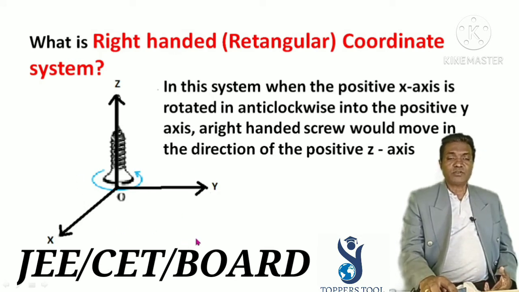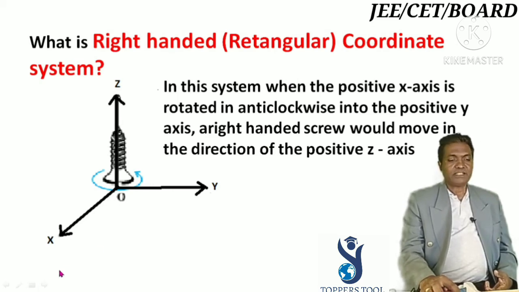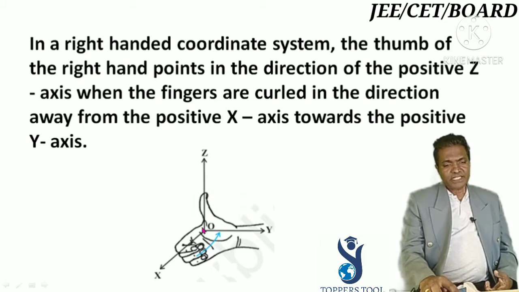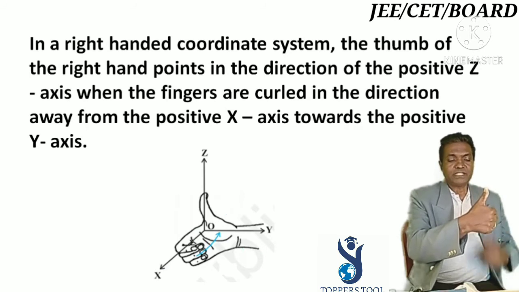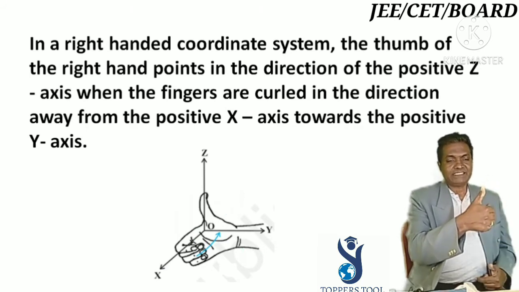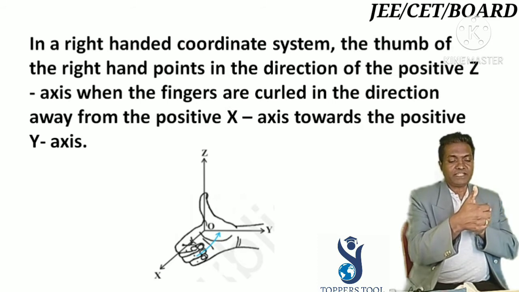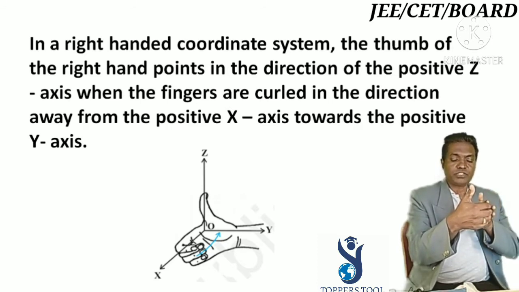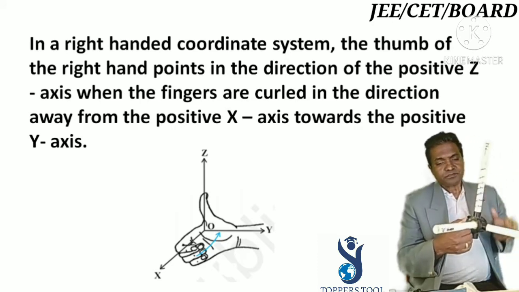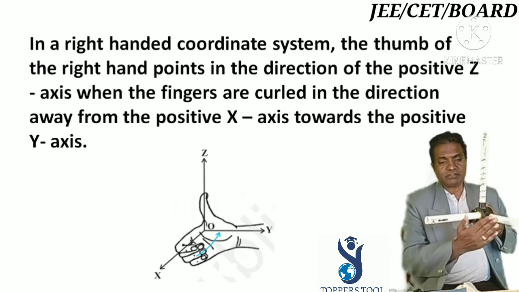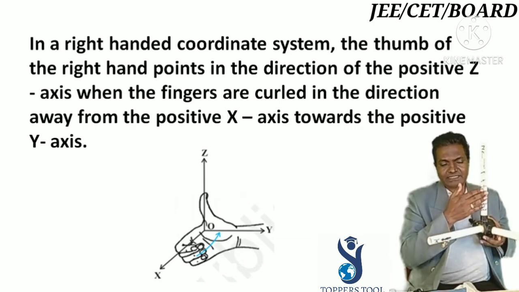Such a system is called the right-handed coordinate system, which is called the rectangular coordinate system. Why is it called a right-handed screw system? Let's understand. If you hold your right hand like this, with the thumb representing the positive z-axis, the curled fingers are directed away from the positive x-axis and towards the positive y-axis. See here, this is your x-axis, this is your y-axis, and this is your z-axis.